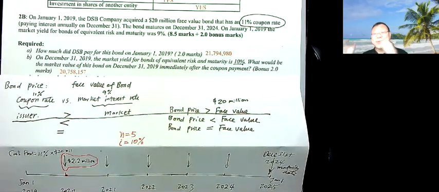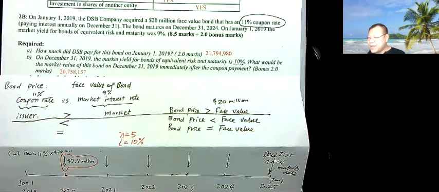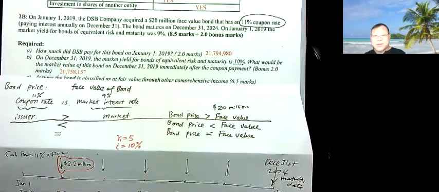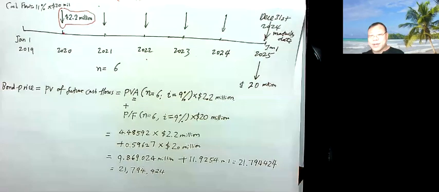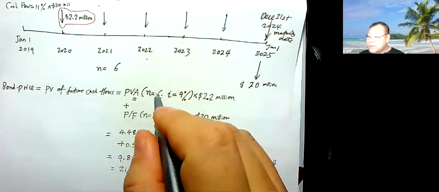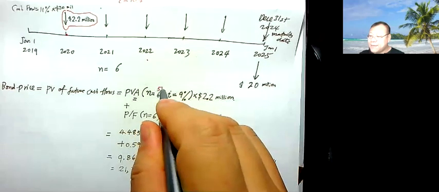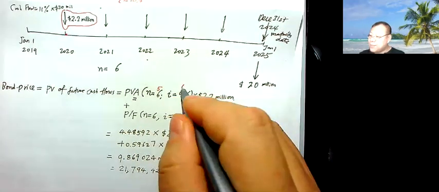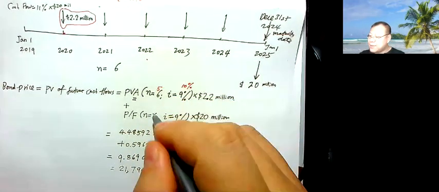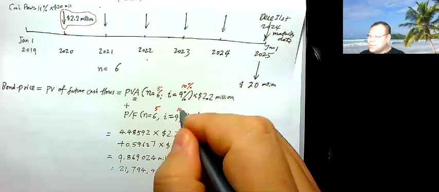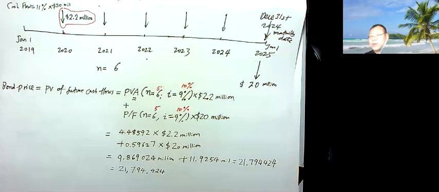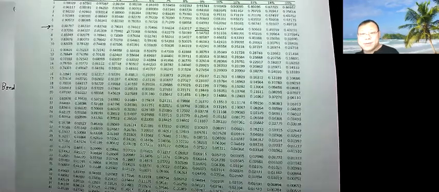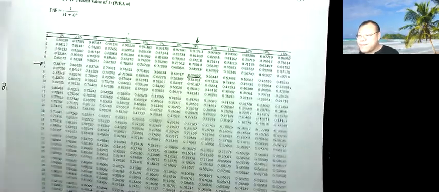So you still do the same calculation, but using a different N and I. So now I have to use N equals 5, I equals 10%, and I'm going to use the table again.